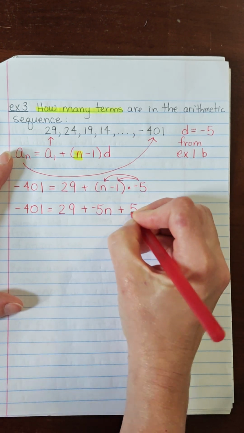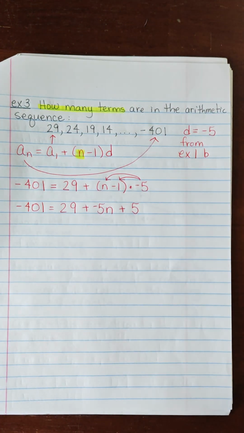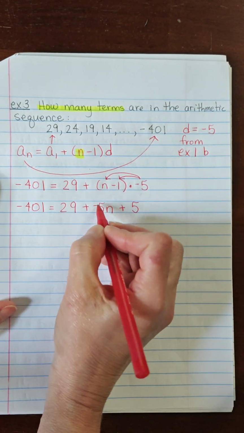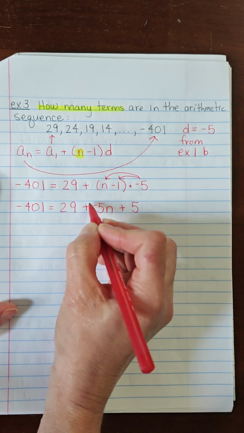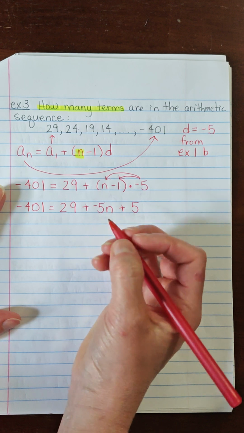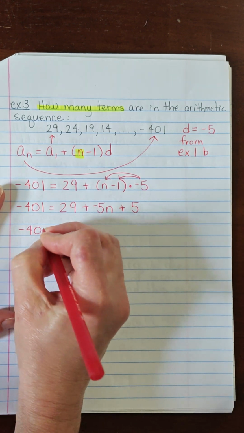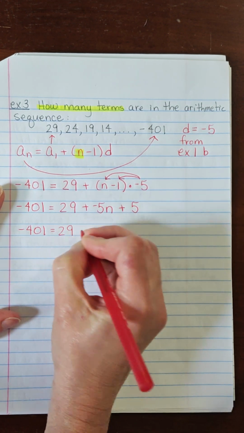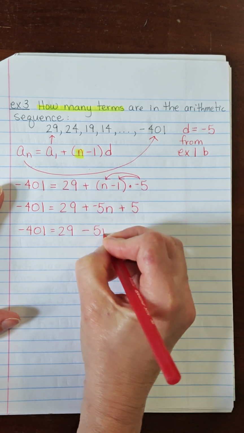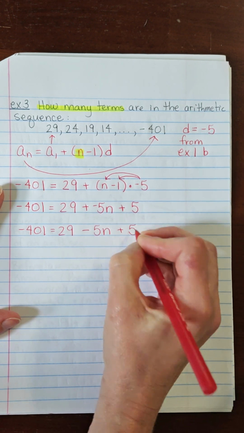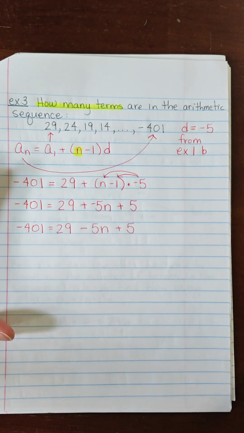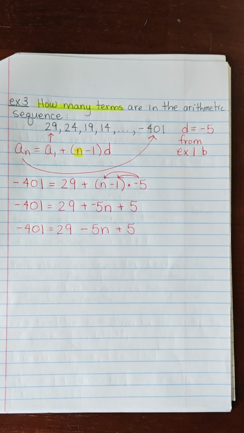So that'll be plus a positive 5. If you need to use a calculator just to make yourself feel better about it, you can. This plus a negative, we can write this nicer. We can just write this as minus 5n. We don't have to write that as plus a negative and have it be a little messier looking.